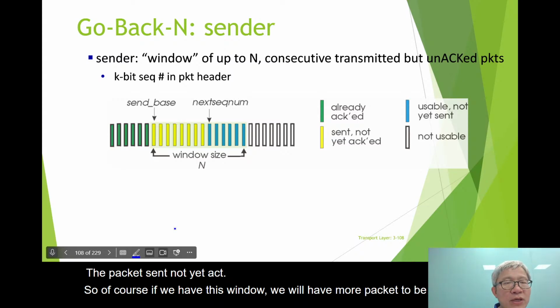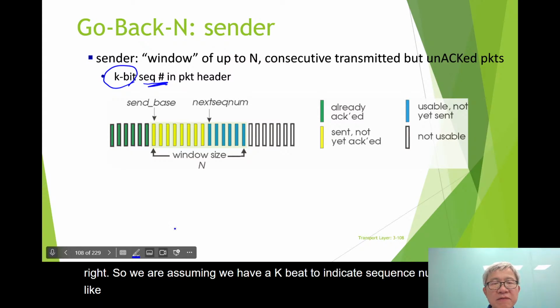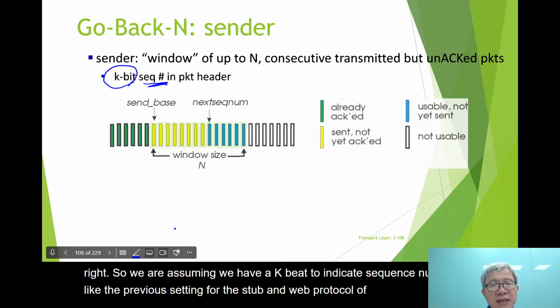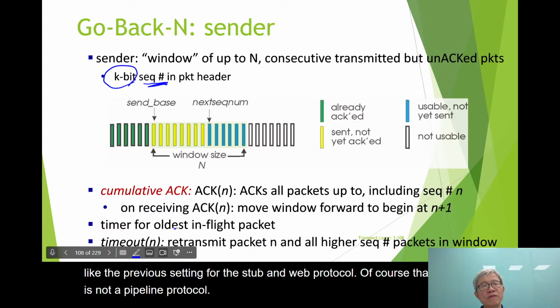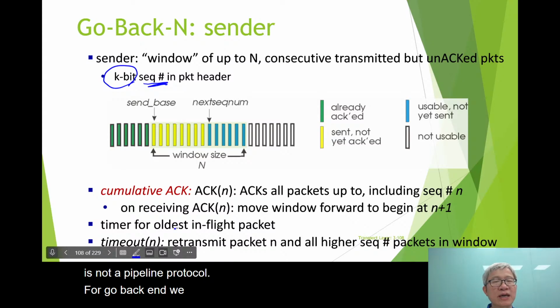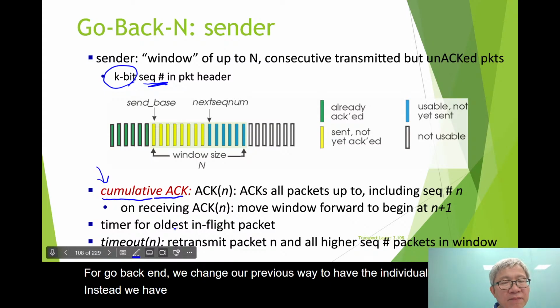We assume we have k bits to indicate the sequence number, like the previous setting for the stop-and-wait protocol. Of course, that protocol is not a pipeline protocol. For Go-Back-N, we change from the previous individual ACK to a cumulative ACK.